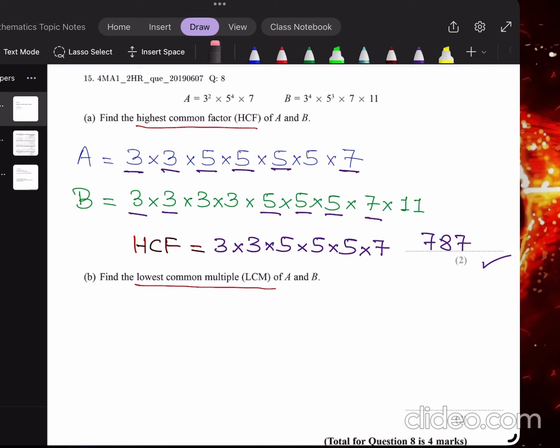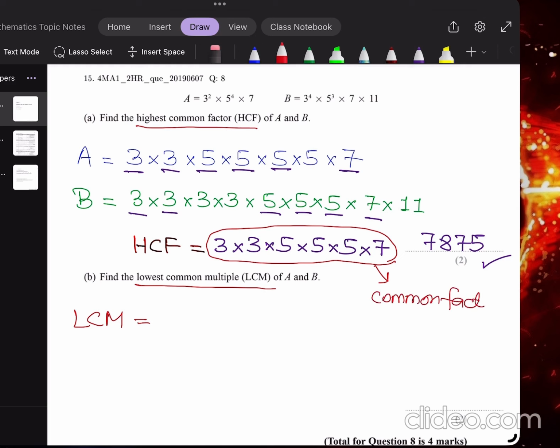Similarly, when we move on to the LCM, the concept is that for LCM we need to find the product of common and uncommon factors. We have already calculated all the common factors. So I will take the common factors and multiply them by the uncommon factors.